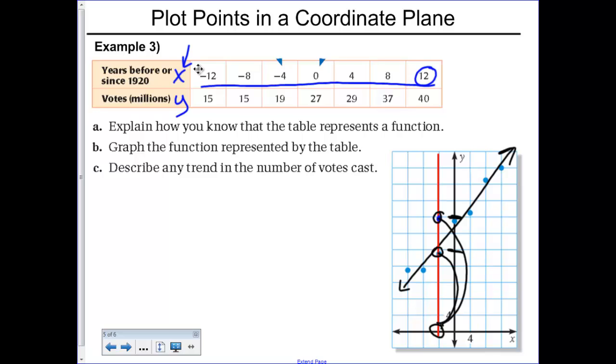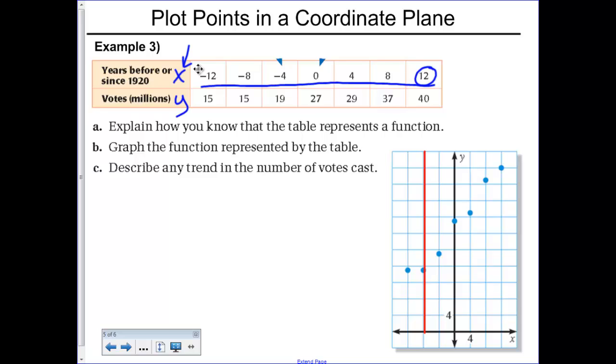So if I get rid of that extra point, because that was not part of the original graph, we can see that this is a function, and it passes the vertical line test, which is another method of looking at the graph and determining if the graph itself is a function. So as long as you run a vertical line, and the vertical line only touches the graph at one point at any given time, that would be a function.